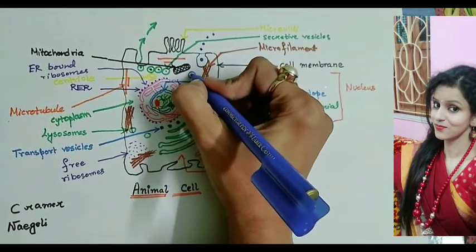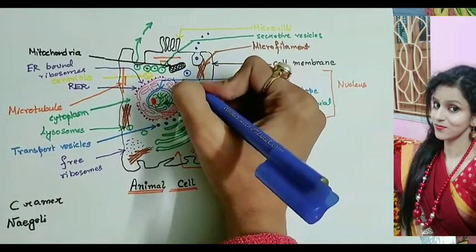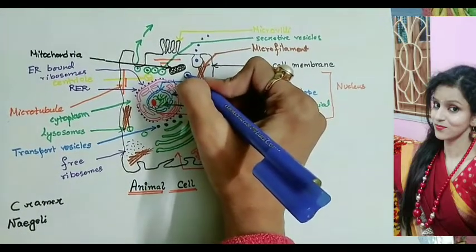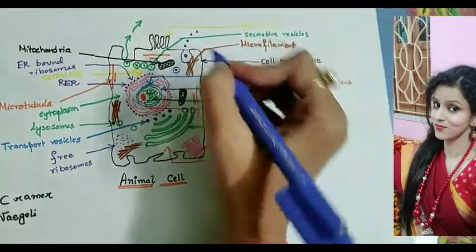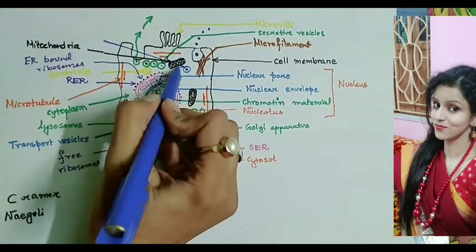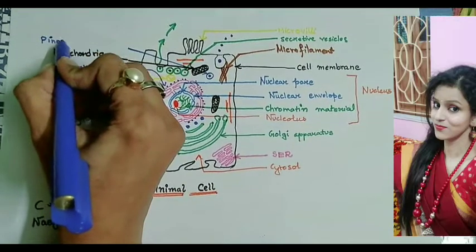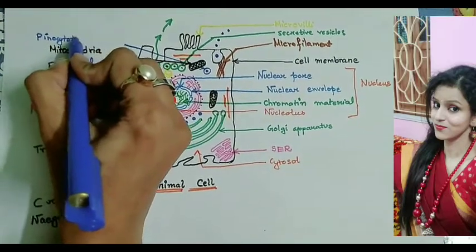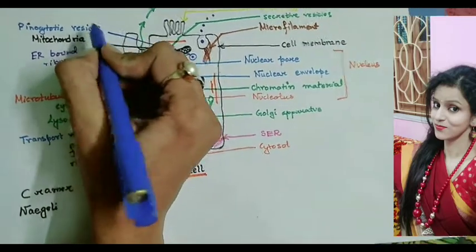As you can see, this vesicle is created, within which the outside chemical is present, and this type of vesicle is known as a pinocytic vesicle. Let me label that also. This is known as a pinocytic vesicle.